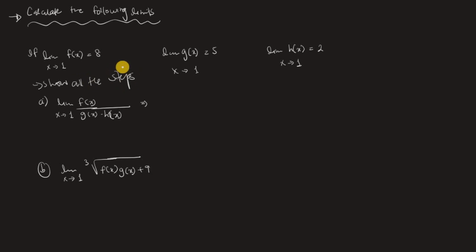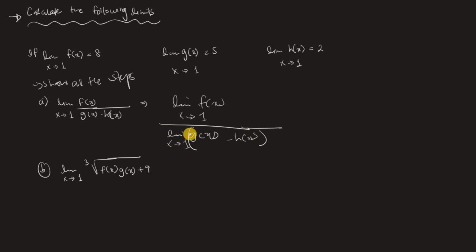Since it says to show all these steps, we cannot simply go ahead and say that the limit as x approaches 1 of f of x is equal to 8, so we put 8 over here directly. No, we have to show all these steps. All the limits that you see over here are going to go inside the function. So you basically have to show every step of how you are getting this limit.